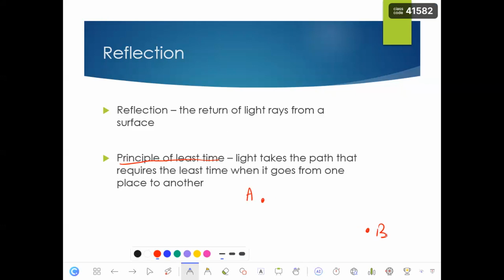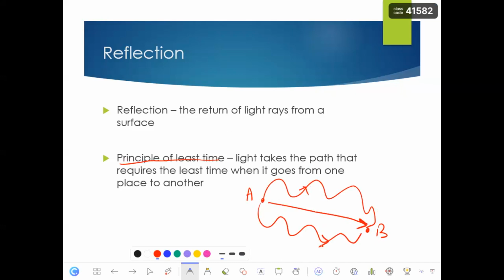Okay, based on this principle, the light will travel like this, or like this. Which one? A straight line. It always tries to require the least time when it goes from one point to another point.